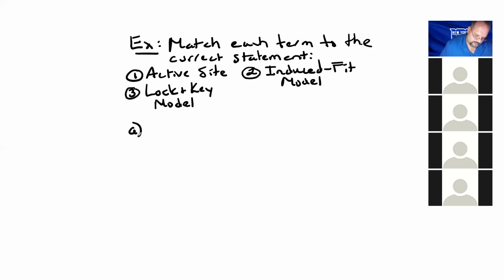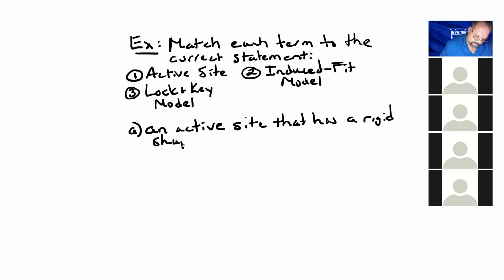All right. So the first statement is an active site that has a rigid shape. Basically, for an active site that has a rigid shape, the answer cannot be active site.